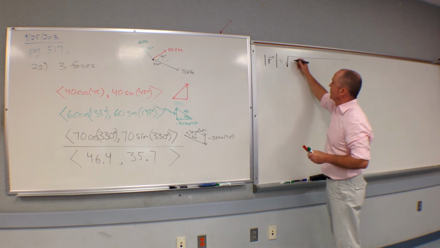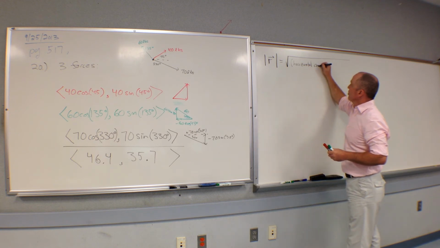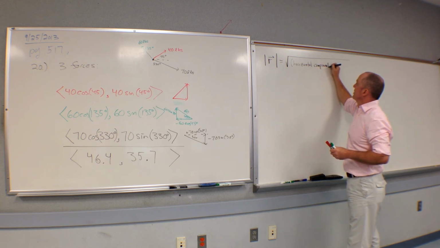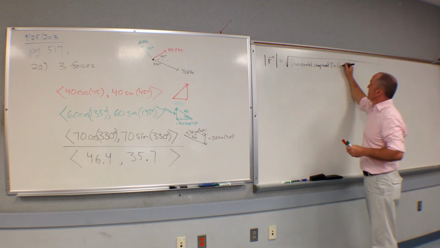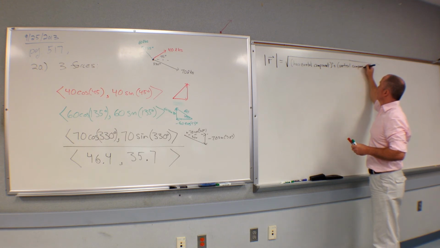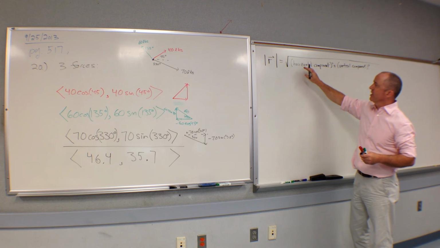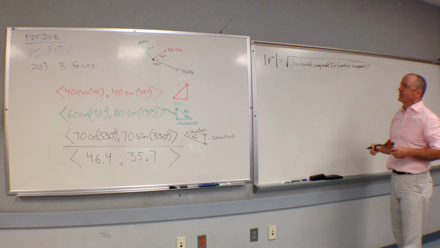The distance formula is just the Pythagorean theorem. It's the horizontal component squared plus the vertical component squared, all under a radical sign. Just like your distance formula is x2 minus x1 squared plus y2 minus y1 squared, horizontal and vertical, same thing.